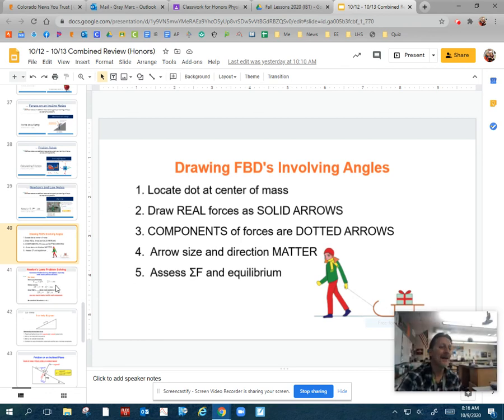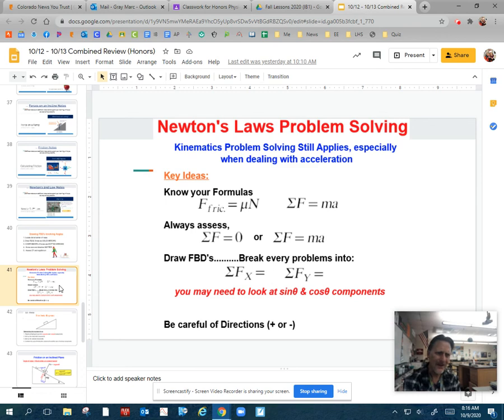The next thing we do here is follow this problem solving strategy, going through identifying your formulas. If you do have a state where you are in equilibrium, you're going to set a sum of force equation where all of your forces add up to 0. And if you find out that you're in non-equilibrium in either X or Y, then you're going to set all of your forces equal to mass times acceleration according to Newton's second law.